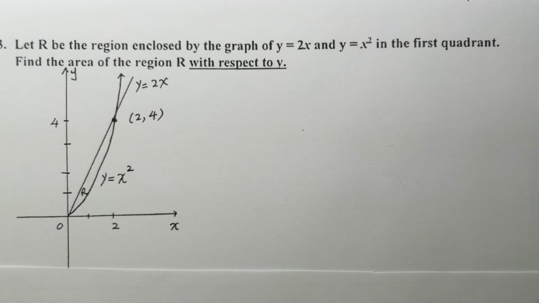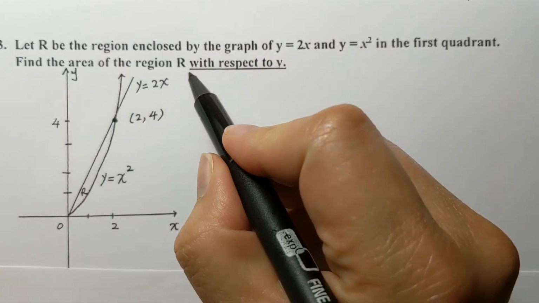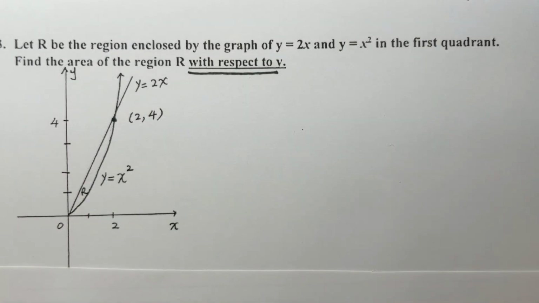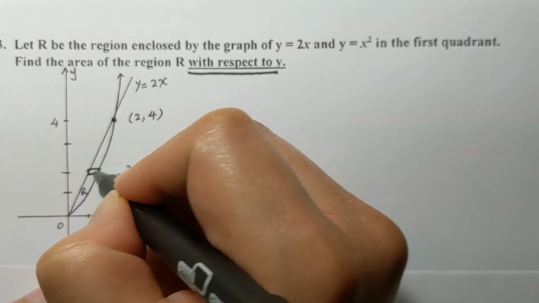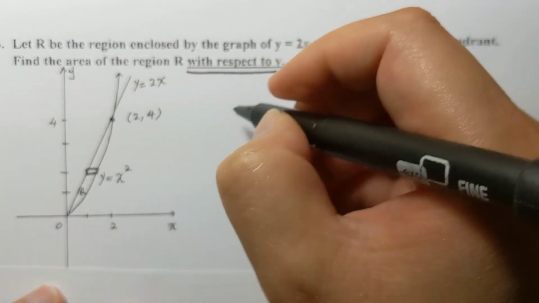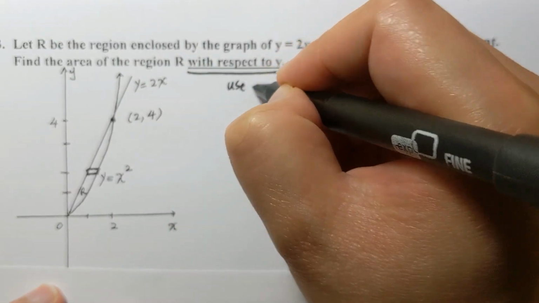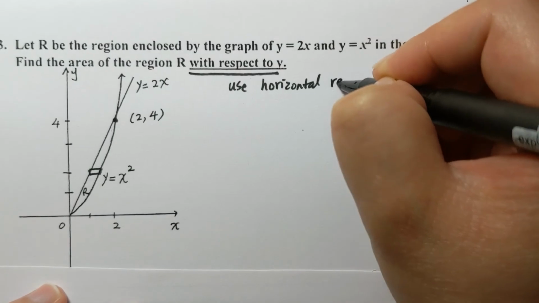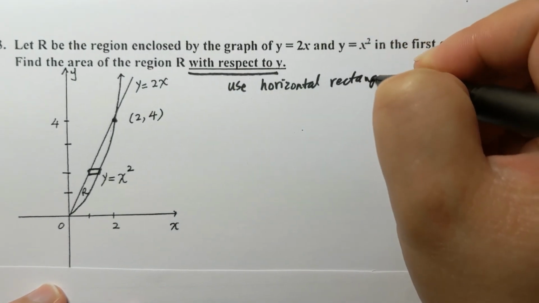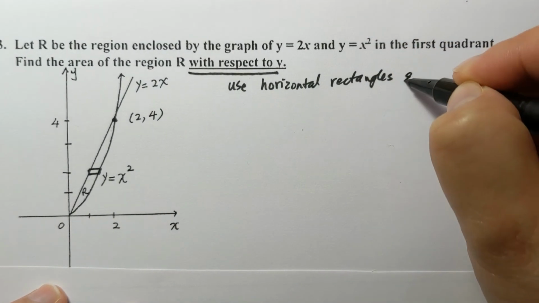Because you were forced to find the area with respect to y, that means you have to use horizontal rectangles and use dy.